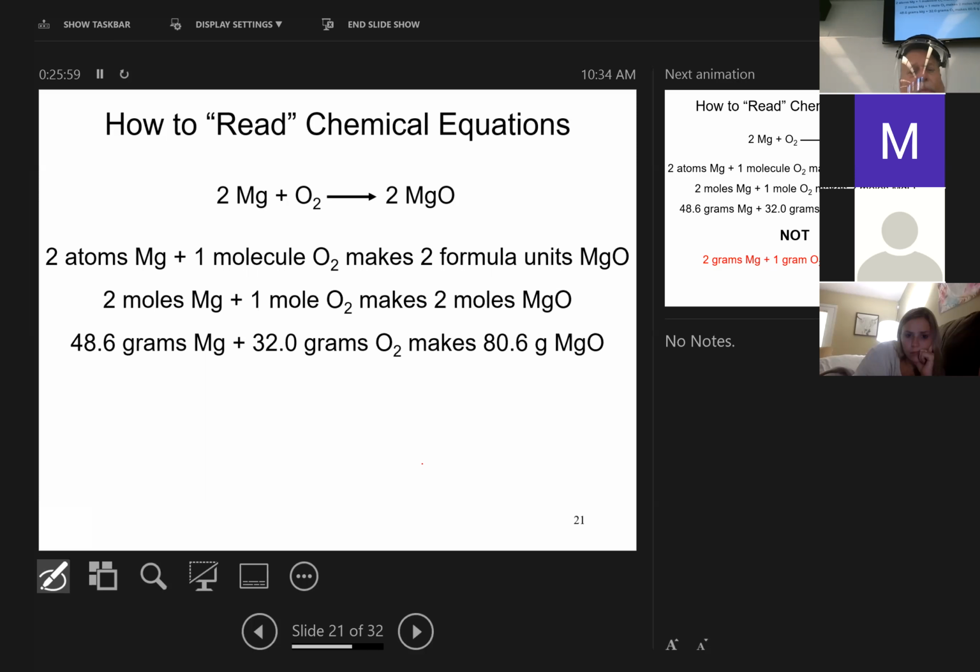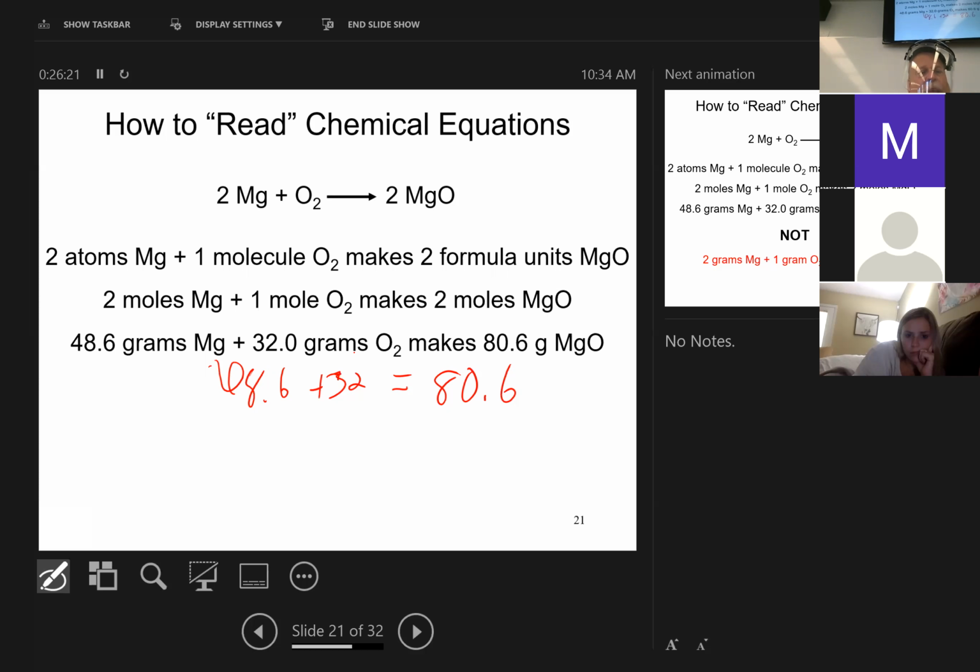Do the numbers on both sides total? 48.6 plus 32 equals 80.6. Is that true? Yes, because the mass is the same on both sides.